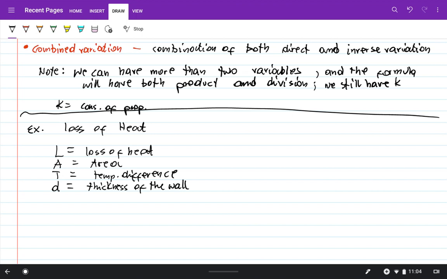And of course, you always have a constant. With any type of variation, you always have a constant of proportionality. Please don't forget about that.